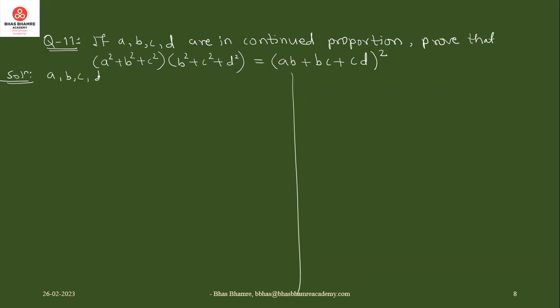That is, A upon B equal to B upon C equal to C upon D is equal to K, suppose.